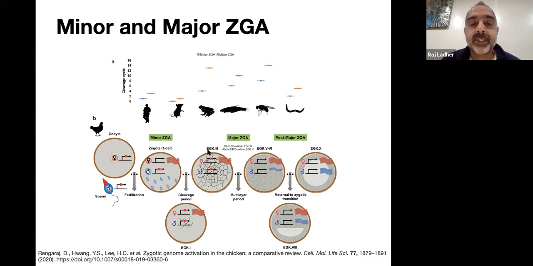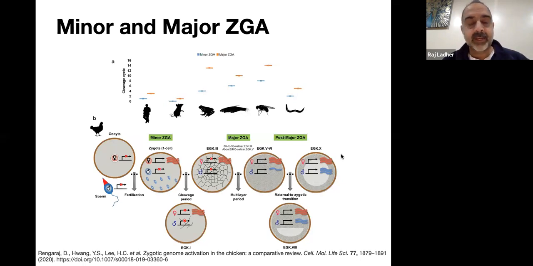EGK stage 3 means about 10 or 12 divisions. EGK 5 is this many divisions, for example. And so that's all it is. It's a stage series.